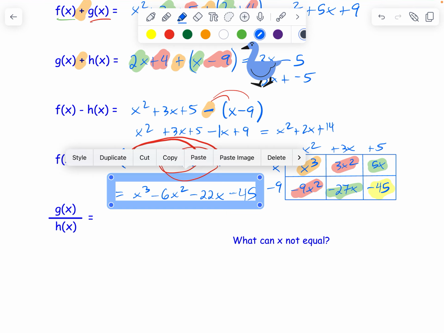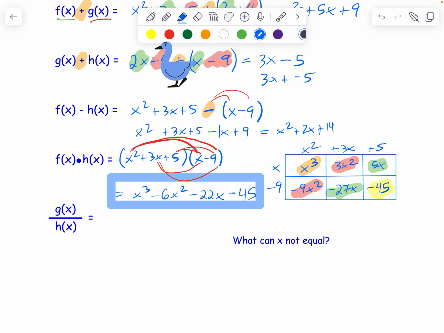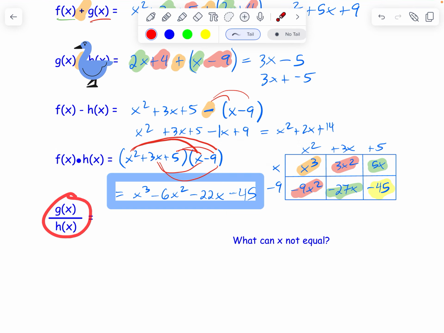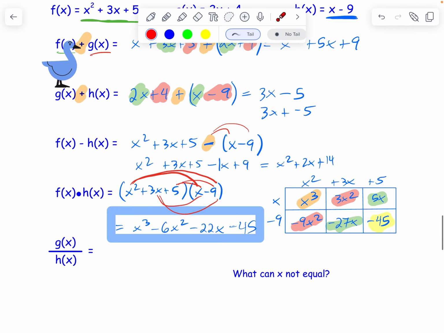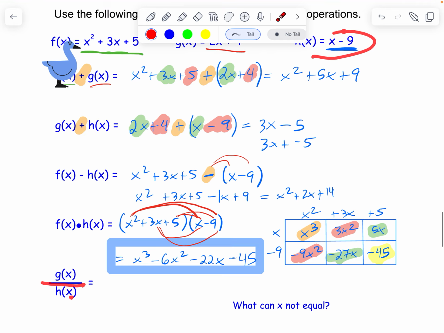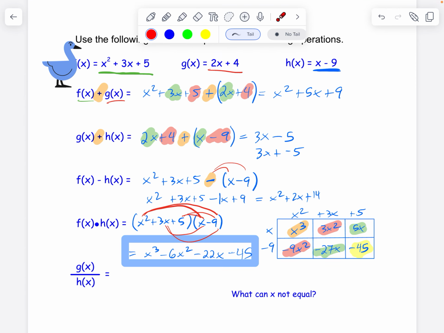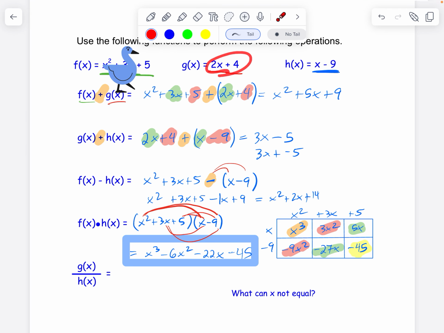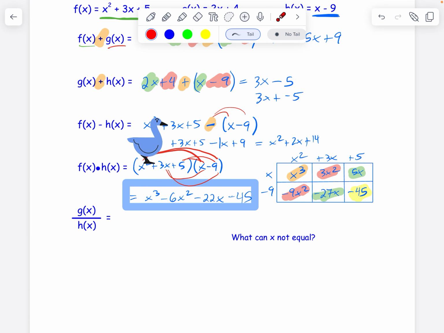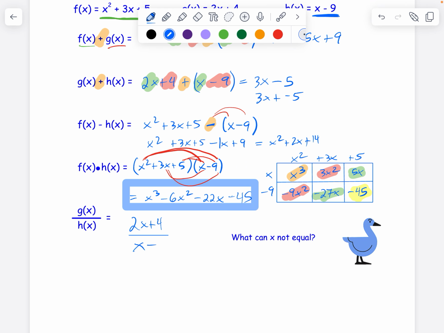Okay. Then the last one is actually not a whole lot of work to do. It's just take the g function and divide it by the h function. So here's g. That goes on top. And here's h. That goes on bottom. 2x plus 4 over x minus 9.